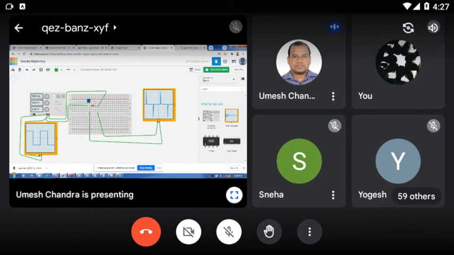Look at the simulation, this is changing. When you give the low frequency signal to the differentiator circuit, you get the differentiation of the square signal.